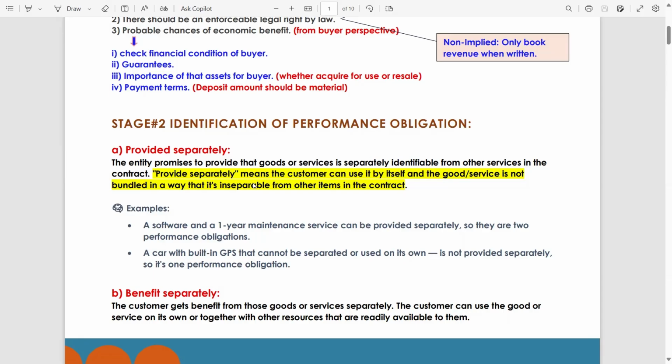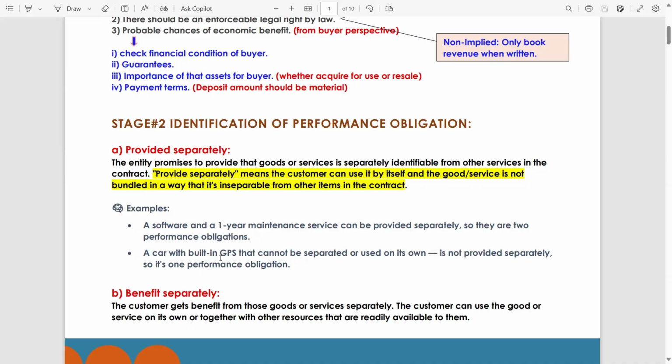Provided separately means the customer can use it by itself and the good or service is not bundled in a way that it's inseparable from other items in the contract. Example: software and a one-year maintenance service can be provided separately, meaning you can acquire the software from one party and the maintenance service from another. So there are two performance obligations.